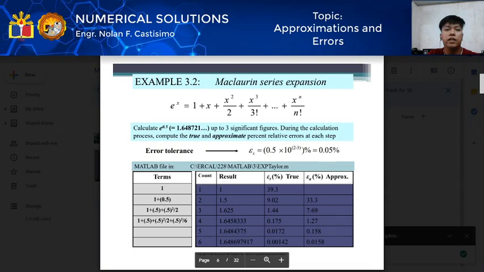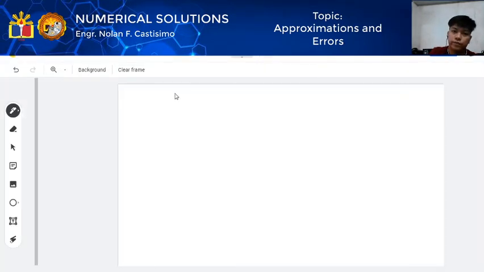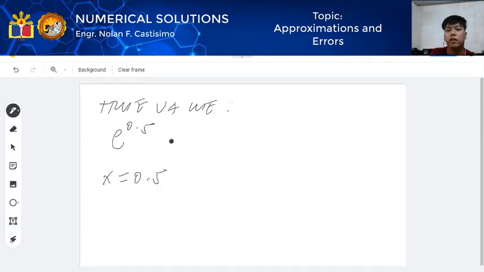Ngayon naman, i-compute natin yung true value natin. Kasi, true value. So, meron tayong given na e raised to 0.5. So, that means, x natin is equivalent to 0.5. But our true value is yung ito. So, e raised to 0.5 is equivalent to 1.648721.